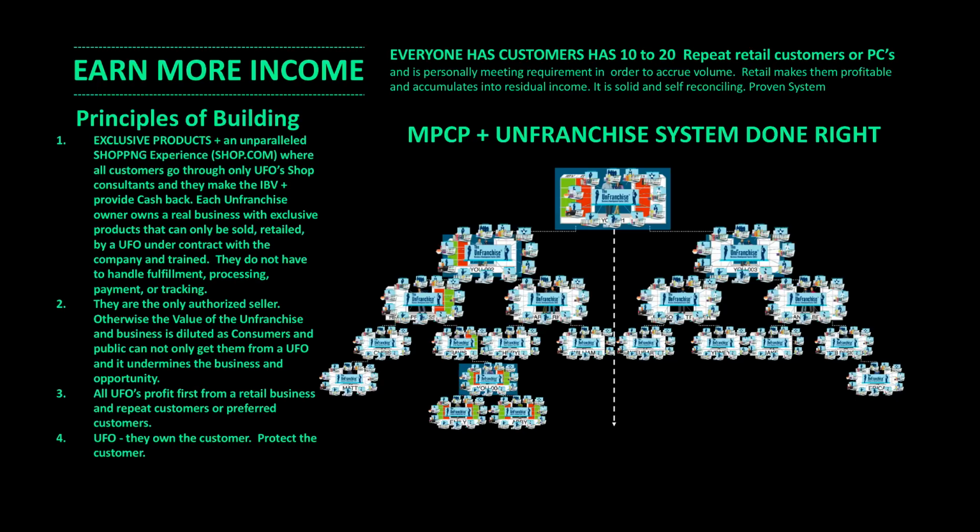So if somebody can take away that exclusive right of the unfranchised owner to be the only person that can sell these products, we've devalued the unfranchised. And that's why we were so aggressive about the auction situation. UFOs profit first from the retail business and repeat customers. UFOs then own the customers.